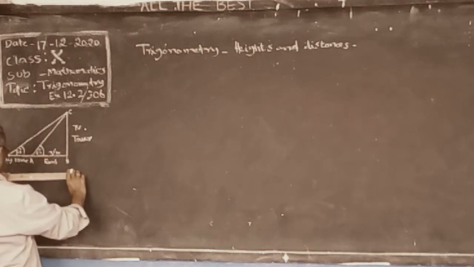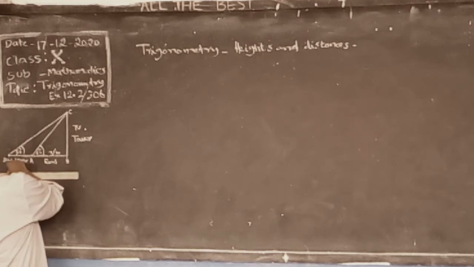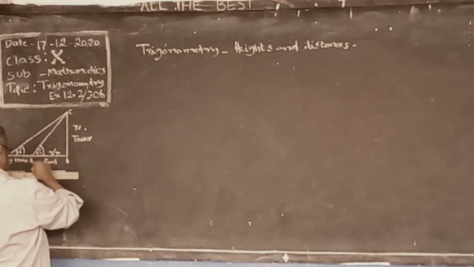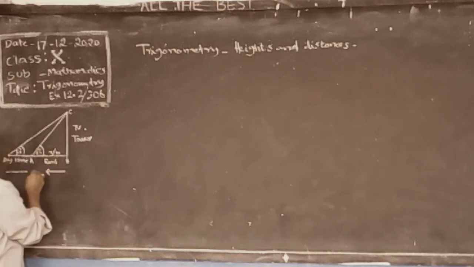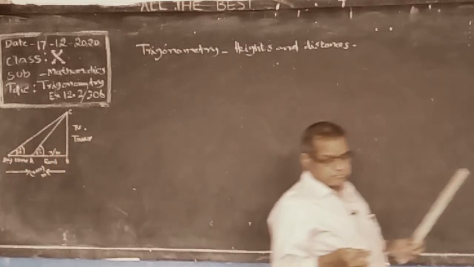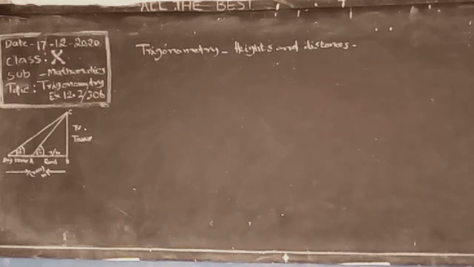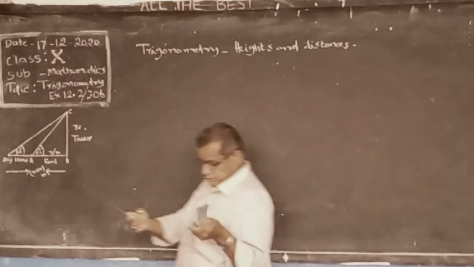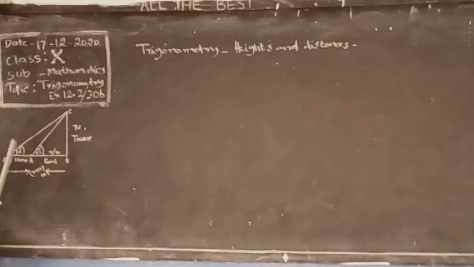Then totally DB becomes x plus 10 meters.